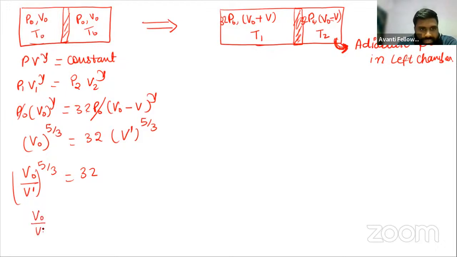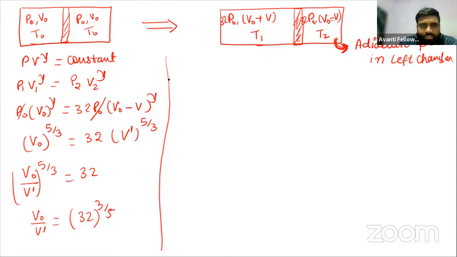So V naught by V dash will become 32 raised to the power 3 by 5. This is simple mathematical operations. So V naught by V dash is equal to 2 raised to the power 5, raised to the power 3 by 5. So this 5 and 5 will cancel. So finally V dash you will have as V naught by 8. This is the final volume.